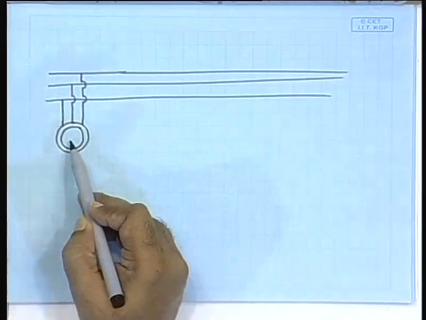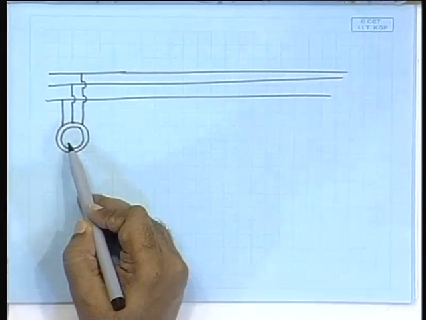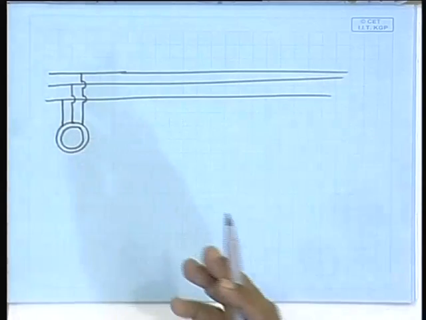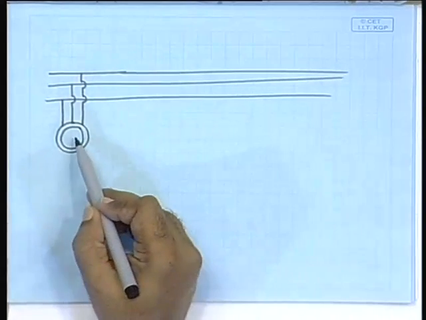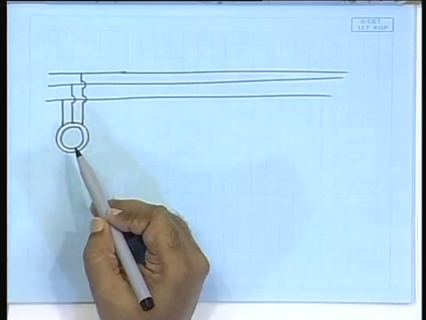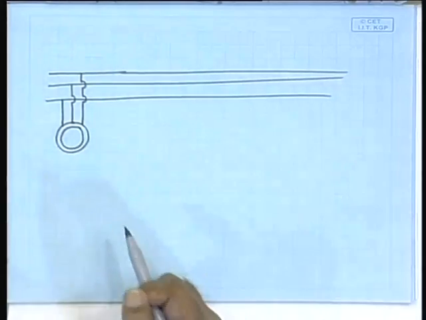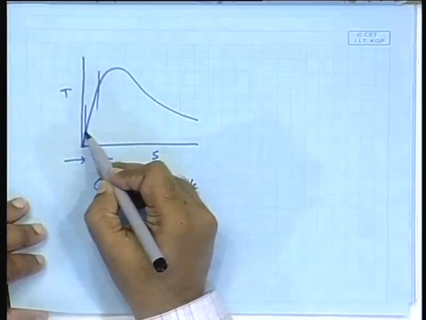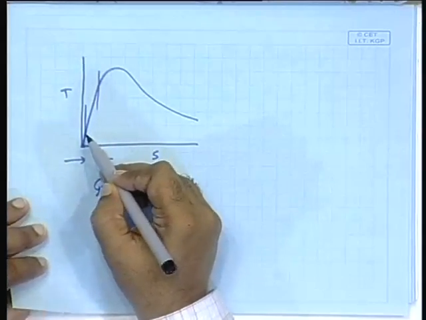If you increase the speed any further, what will happen? Firstly, the machine will overheat, because a large amount of current will flow, the machine may burn. Number 2, this problem will set in, that you cannot vary the speed beyond a certain range.